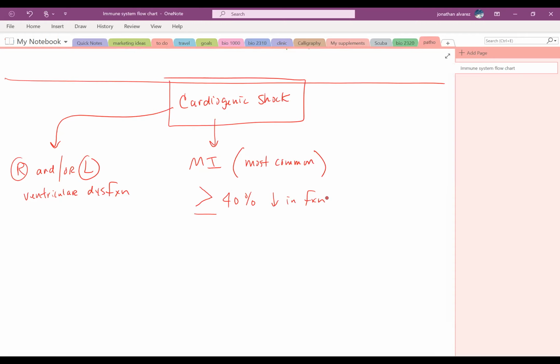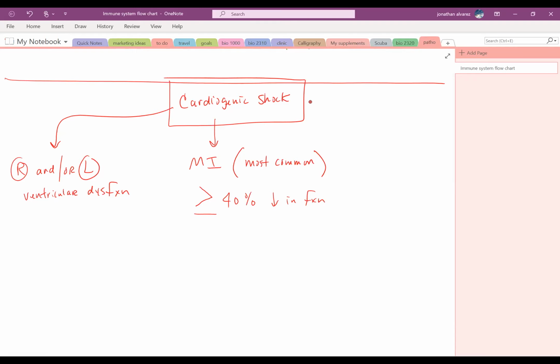But as the numbers keep creeping up, and once the heart starts to experience 40% dysfunction or greater, right, 50, 60, 80%, the bigger the number, the worse it is. This is where you start getting into your myocardial infarction family of things.